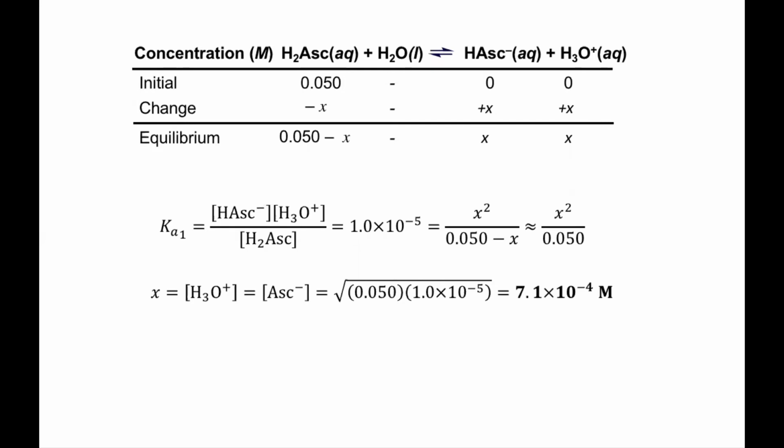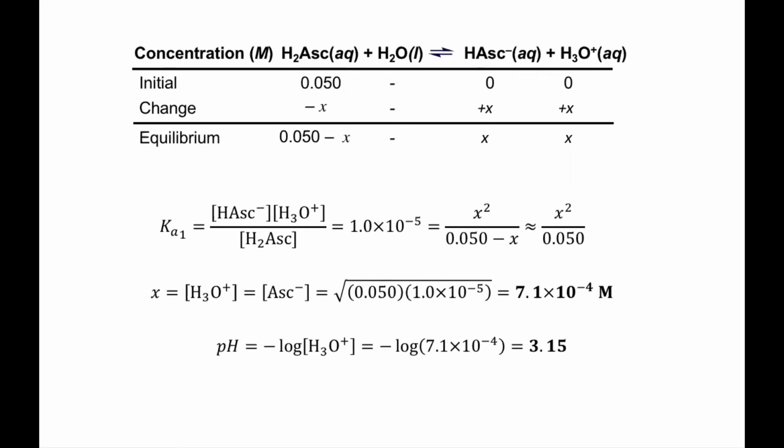So then 7.1 times 10 to the minus 4 molar is our hydronium ion, or our ascorbate ion concentration. And so pH is then equal to minus log concentration of H3O plus, which is equal to minus log 7.1 times 10 to the minus 4, which is equal to 3.15 as our pH for this solution.